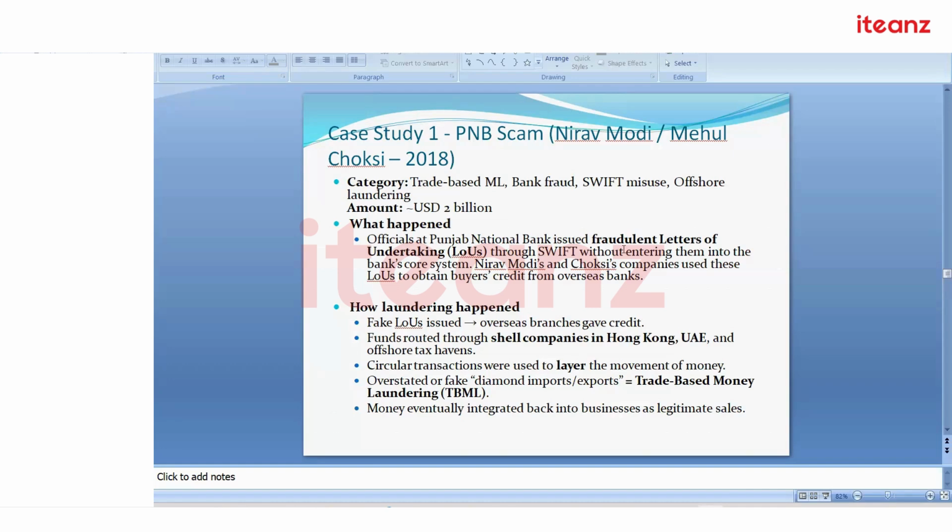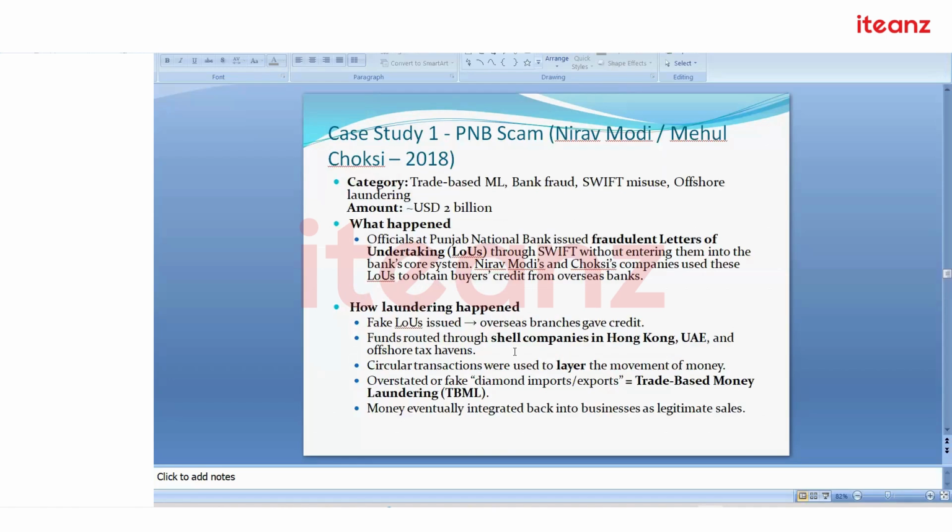So they asked for a loan from the Punjab National Bank. They gave a fraudulent letter of undertaking through SWIFT, without entering the banking core system, to get the loans.